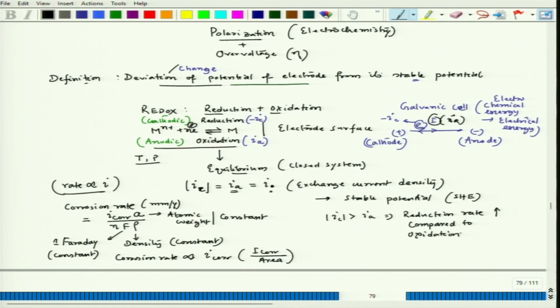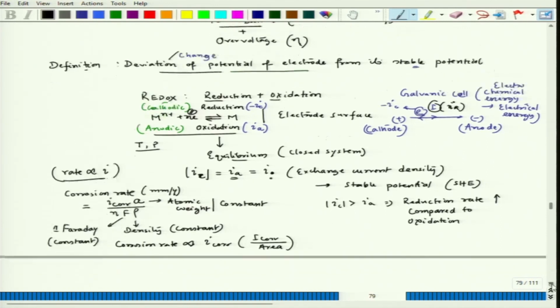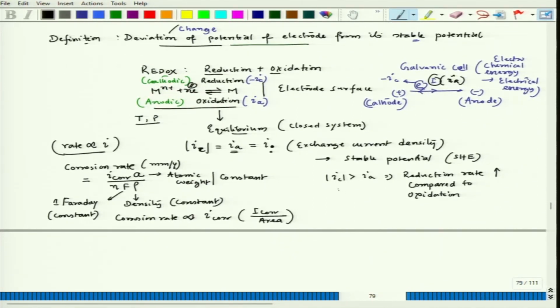Then the system would not maintain its position at equilibrium, it will break the equilibrium, and since IC is increasing, we are actually sending more electrons. If IC has to increase, then this electron supply has to go up. If you are sending electrons to a metal, that means the metal's negative potential is going up.